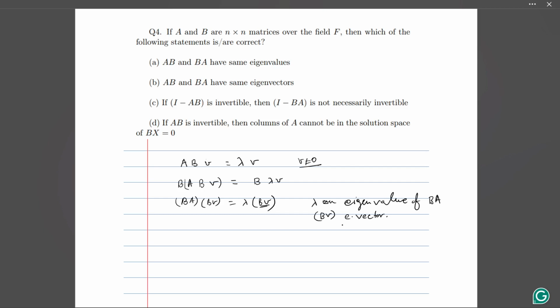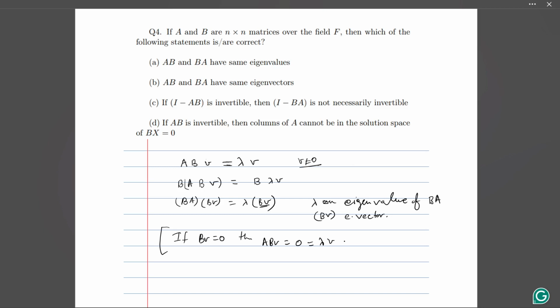No need to say B is non-singular. Because if Bv is equal to zero, then ABv will become zero, and this is lambda v.